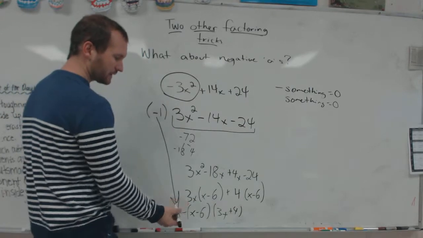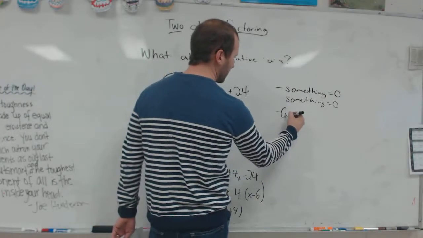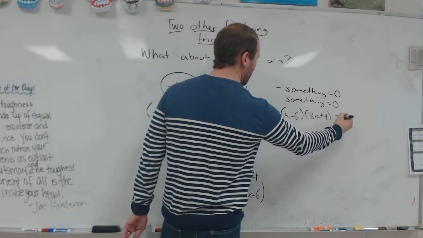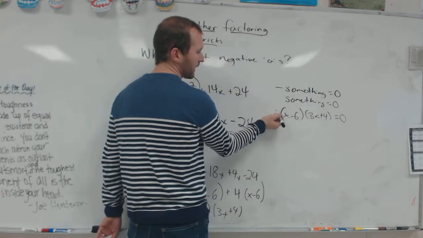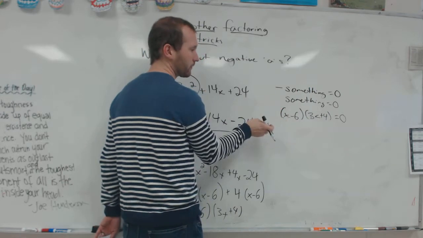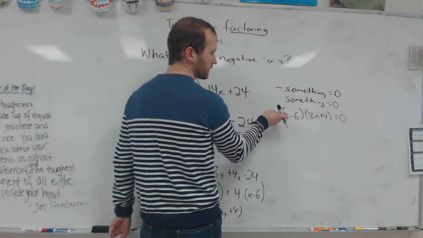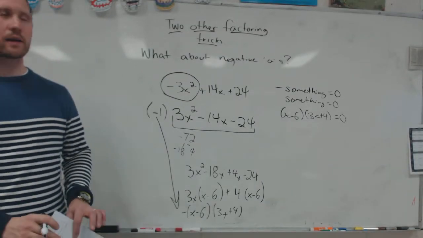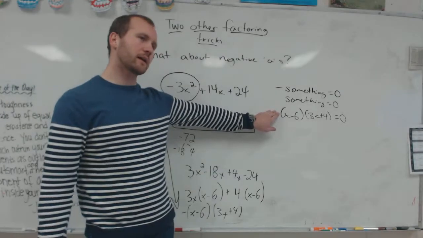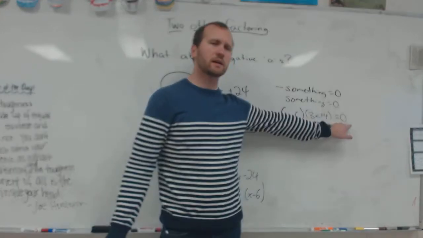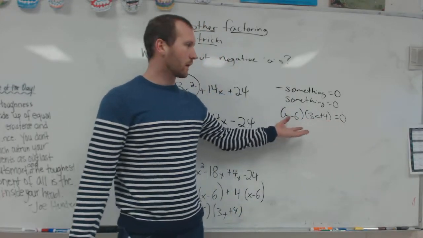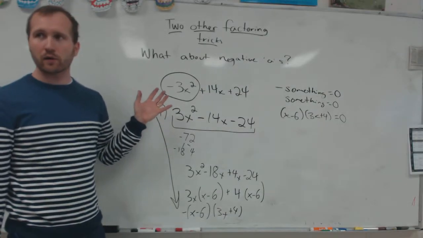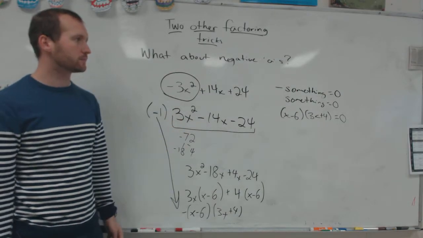So in this case, negative x minus 6 times 3x plus 4, if that were to equal 0, we could actually ignore this negative, because that's still equal to 0. Just multiply both sides by negative 1. And if I multiply by negative 1, I get rid of that negative. 0 times negative 1 is still 0. And so we start to simplify these a little bit more when we set them equal to 0.